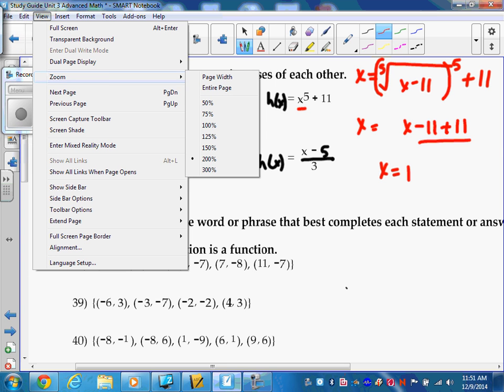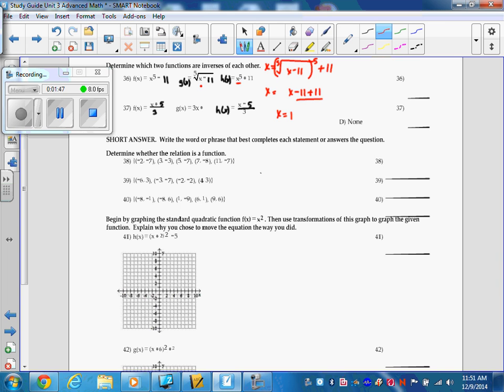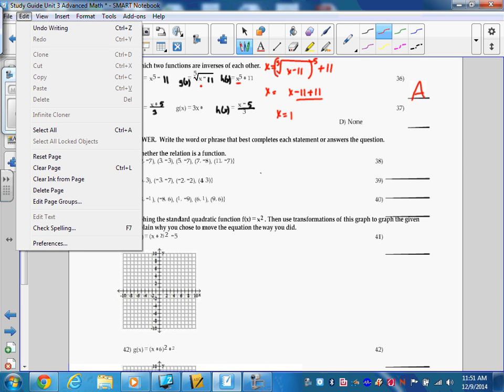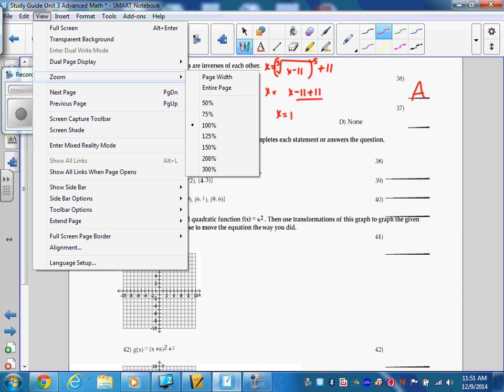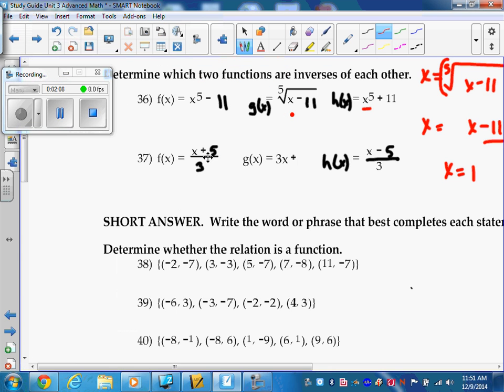Make it a little bit smaller so we can fill in an answer key here. This was choice A. Likewise for 37, I'm going to estimate which one is going to be equal to x when I plug one in.